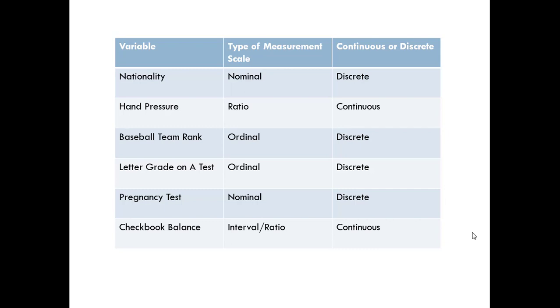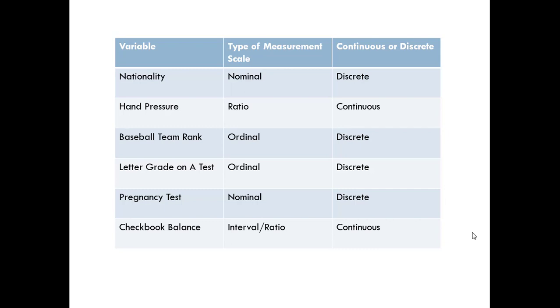All right, so we got a 35 gap, in terms of wins, between Baltimore Orioles and the Cardinals. Okay, that's a 35 win gap. And then between second and third place, we got a 15 win gap. So that is not equal interval, and thus it couldn't be an interval variable. It would have to be an ordinal variable. Rankings rank order those instances of the variable, and in doing so, also categorize them.